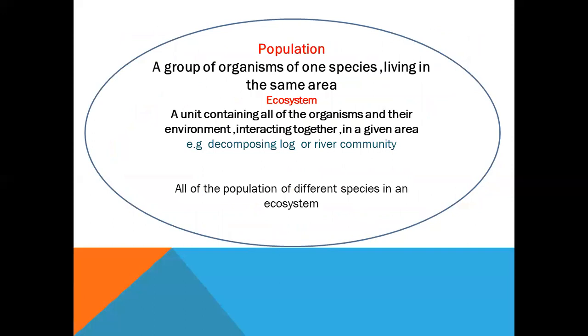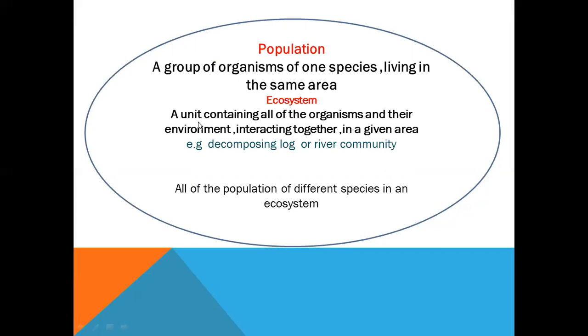Before I explain this point, a population is a group of organisms of one species living in the same area, at the same time and the same place. An ecosystem includes all things, living things and non-living things, in one place interacting together, such as a river or a pond. These are examples for population and also ecosystem.